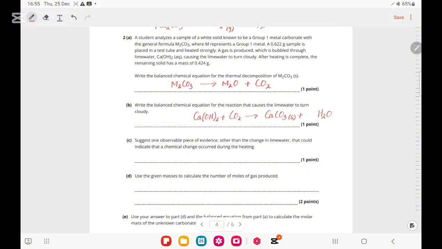So we can see the production of gas bubbles during heating, because it's a thermal decomposition reaction, as we are giving it heat and it tends to decompose. So we can write the production of carbon dioxide gas bubbles during heating.